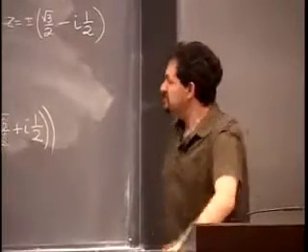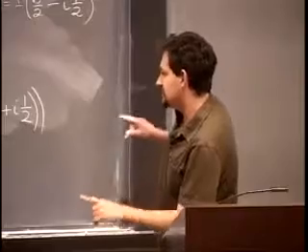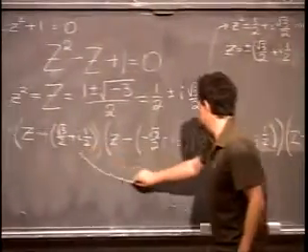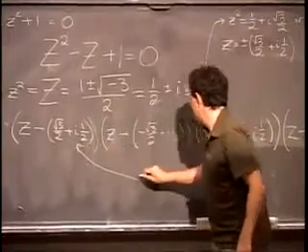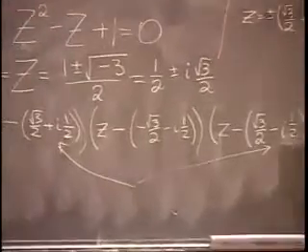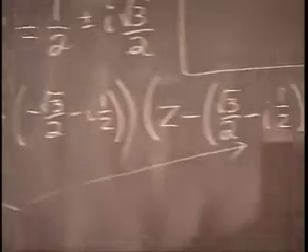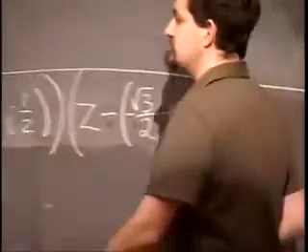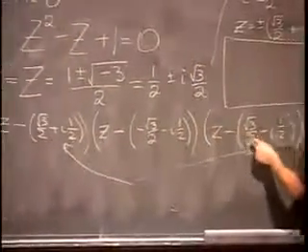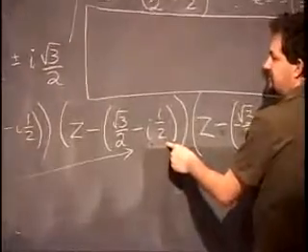what I'd like to do is show you that you could do something clever and group these two together, this one and this one, and multiply them out and get something really nice. What are we going to get? I'll just squish it in here. Suppose I take these two. After all, root 3 over 2 plus i times 1/2 is a conjugate of root 3 over 2 minus i times 1/2.